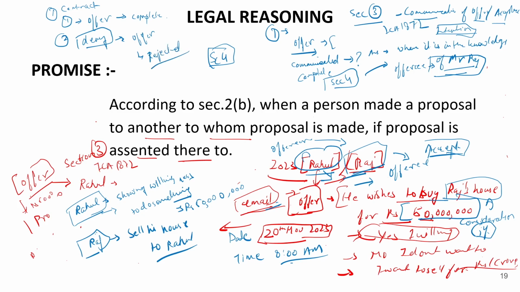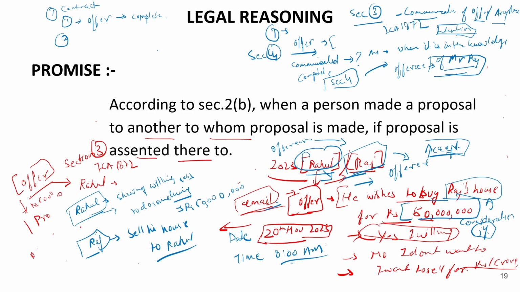And when the offer stands rejected, it means the contract or the agreement never existed. If he says I don't want to sell my house, it will be considered rejected and denied, and there will be no agreement as such. This is Section 4 we are talking about.